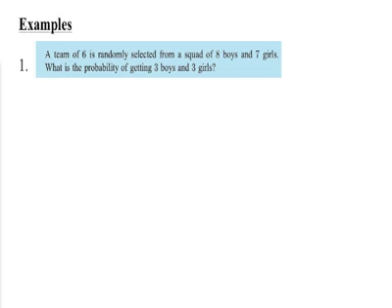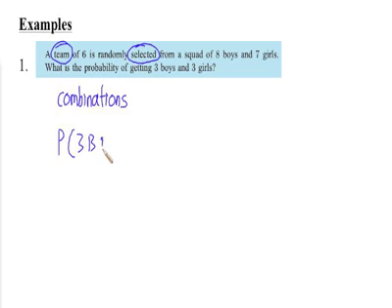Now, because we're talking about selecting a team of people, we know from the previous slide that we probably are going to use combinations. Remember that the probability is simply the total number of ways that we can get a specific outcome divided by the total number of unrestricted outcomes.